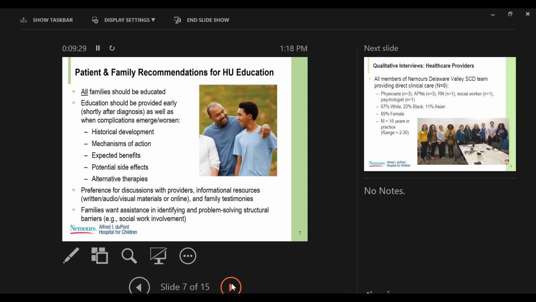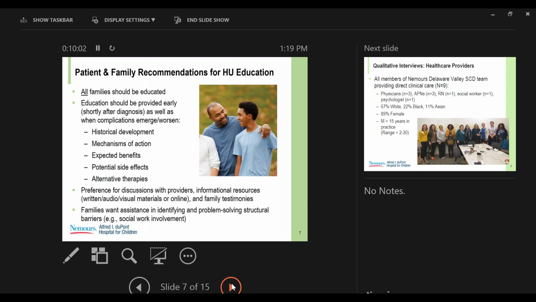So these are a few key takeaway points that we learned from talking to patients and families. One was that even families who decided they didn't want their child on hydroxyurea suggested that all families should receive education, that it needs to be provided earlier than it currently is, and that it needs to be more comprehensive, covering more topics than what is currently offered. They want education in multiple modalities, so not just conversations with providers, but also informational resources.